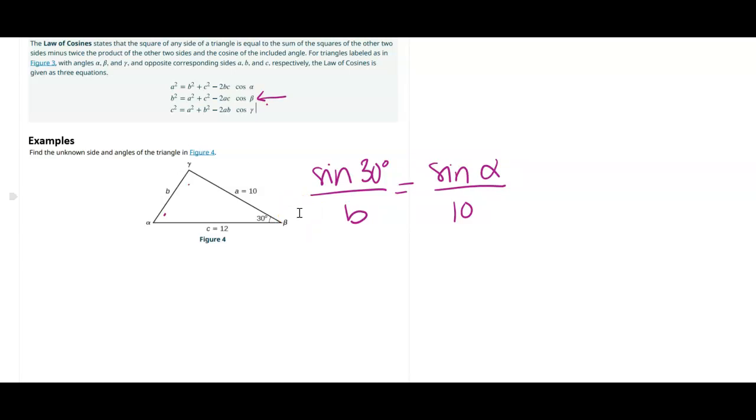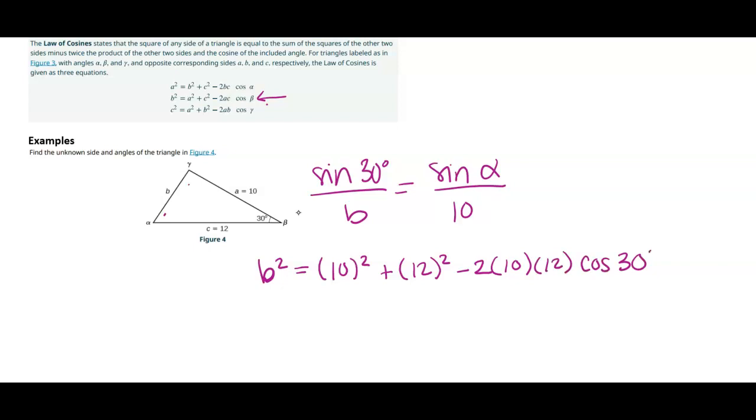And so we're going to say b squared equals a squared plus c squared minus 2 times a times c times the cosine of 30 degrees. You would definitely want a calculator for these. Like, these are not going to be nice numbers per se.